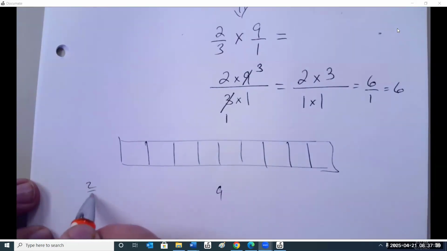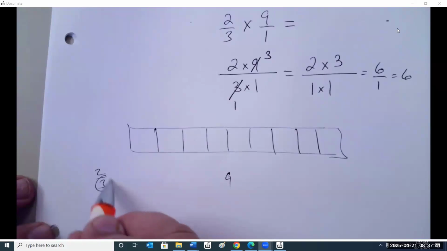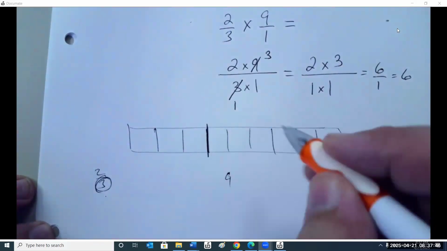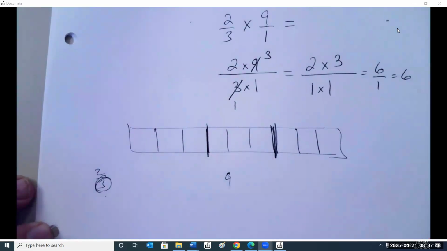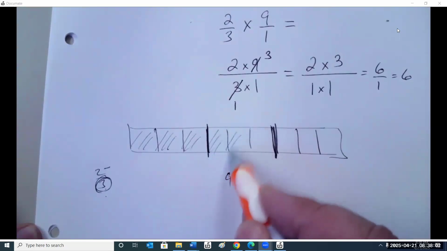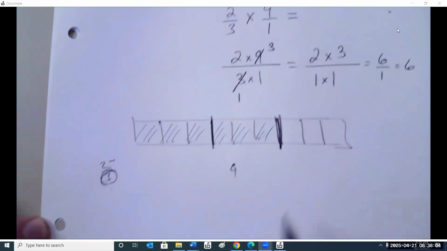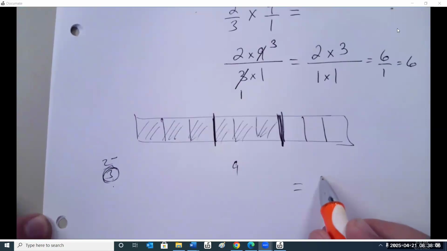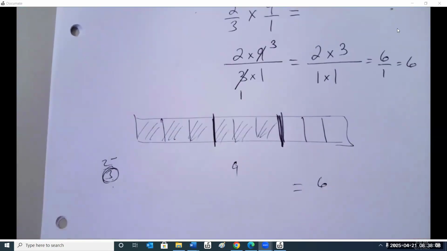I have 2/3, which means I need to put them into groups of 3. Because I have 9 boxes, I want them in groups of 3, so I'm going to want 3 total groups. And I want to shade 2 of those groups. So that equals 6. 6 boxes being shaded.